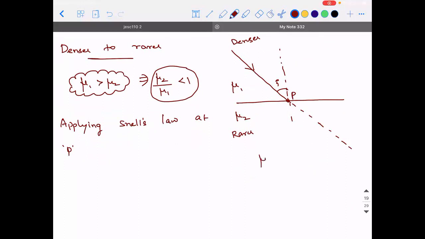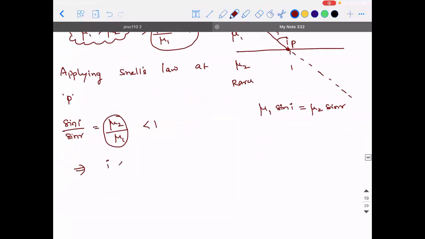Refractive index of a medium into sine of the angle in that medium is equal to, what should I write on the right hand side? Complete it. Mu1 into sine I is equal to mu2 into sine R. So sine I divided by sine R is still going to be mu2 divided by mu1. But this time mu2 divided by mu1 is less than 1, which implies I is less than R.